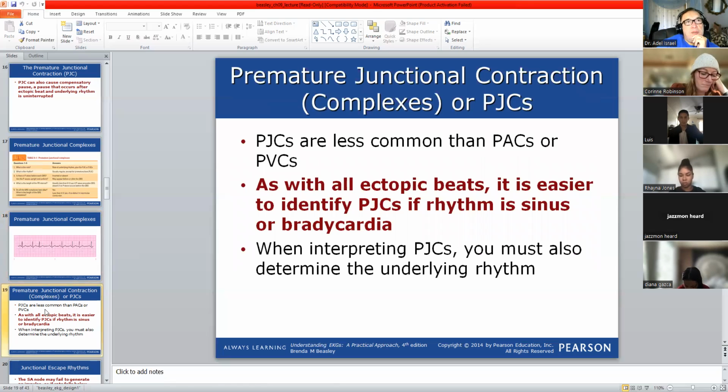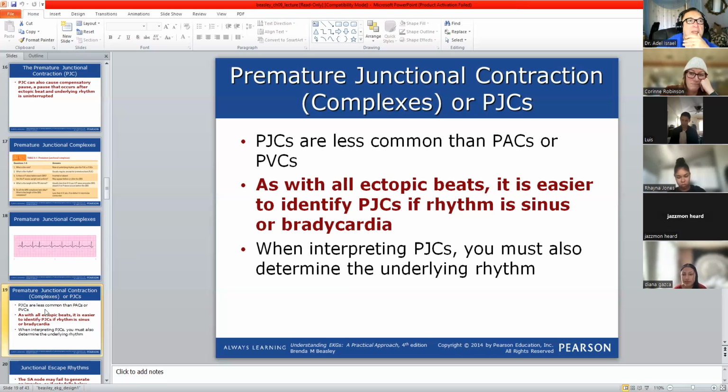As with all ectopic beats, premature junctional complex is easier to identify if the rhythm is sinus or bradycardia. What do I mean by sinus and bradycardia? I can recognize each wave in particular, but if it is tachycardia, everything will be pegged together.